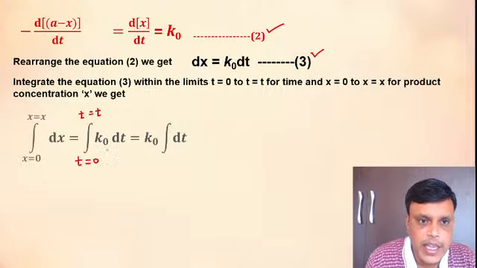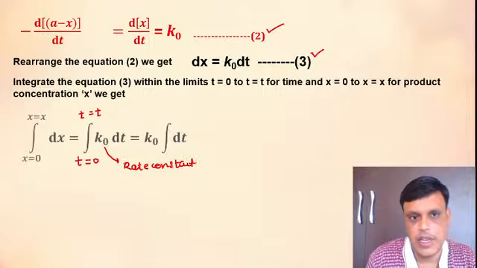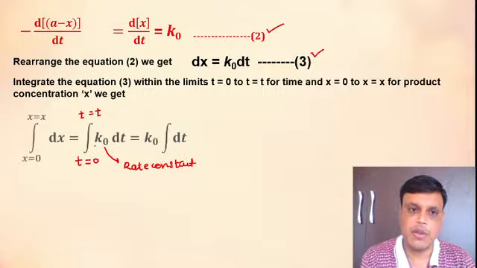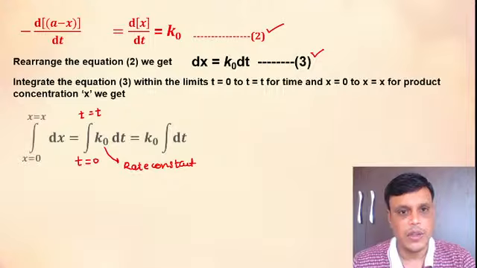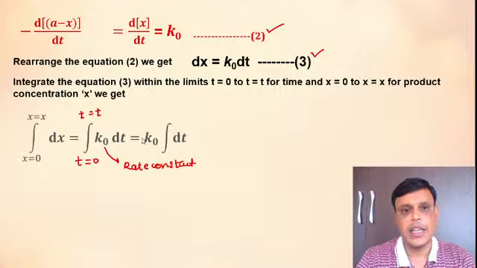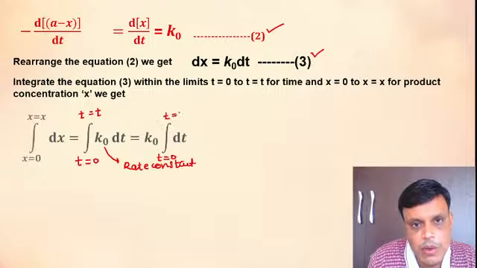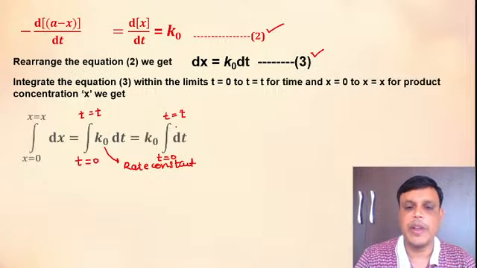Now here k is the rate constant for zero order reaction, so it is a constant, we will take that constant outside the integration. So after taking k0 outside the integration we will get k0 into integration t is equal to 0 to t is equal to t, dt. So we have integrated this equation.